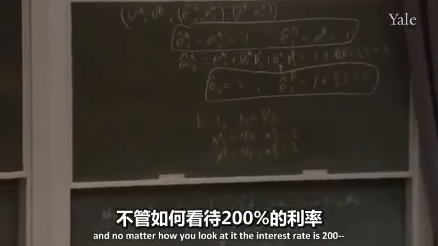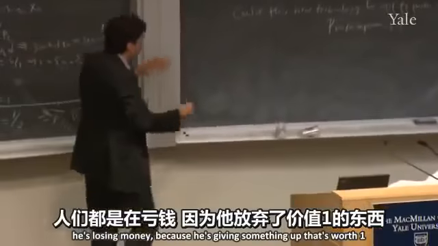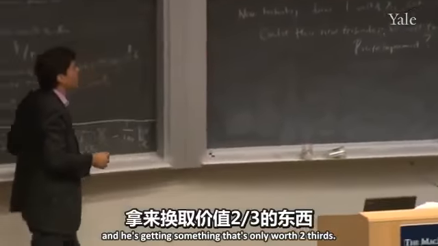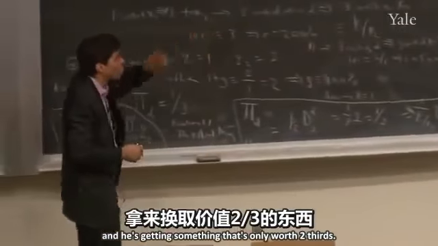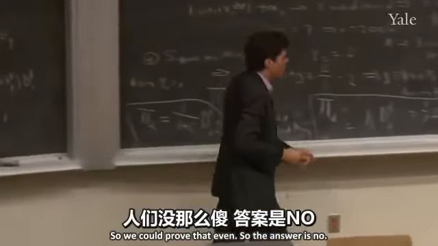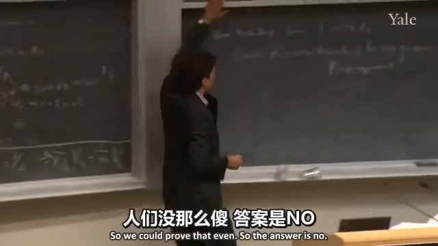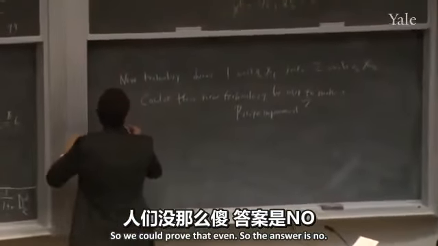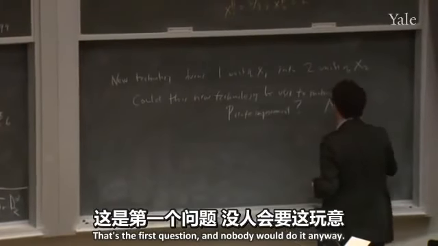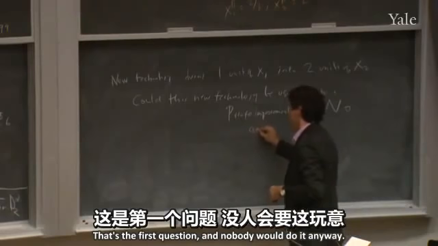No matter how you look at it, the interest rate is 200%. He's losing money because he's giving something up that's worth 1, and he's getting something that's only worth 2/3. So he'd lose money. We could prove that even. So the answer is no. That's the first question, and nobody would do it anyway.